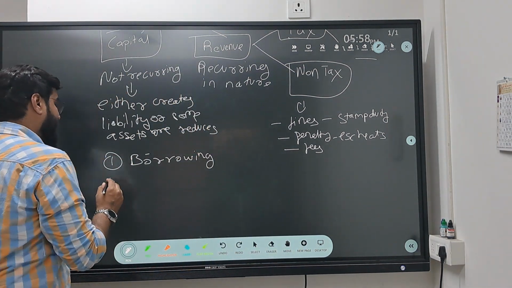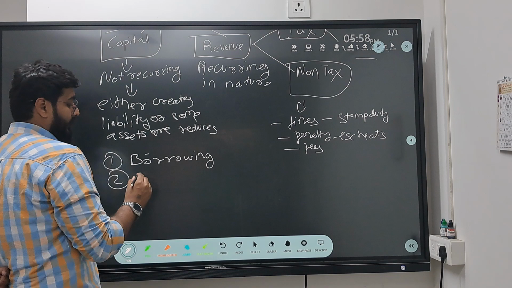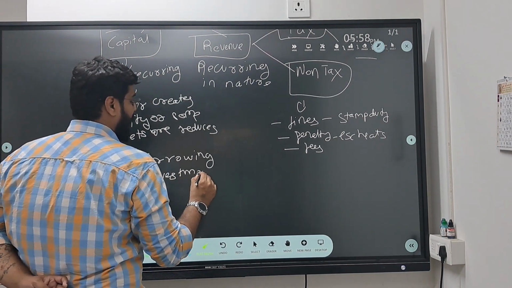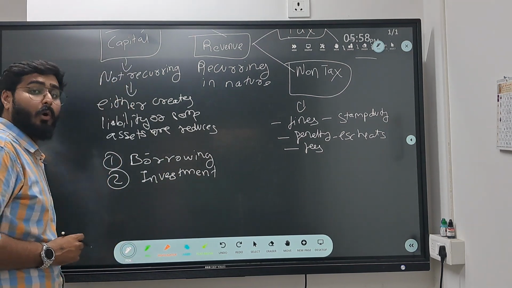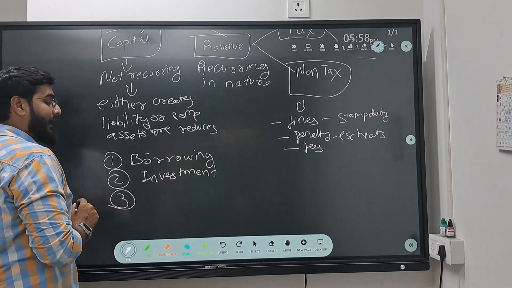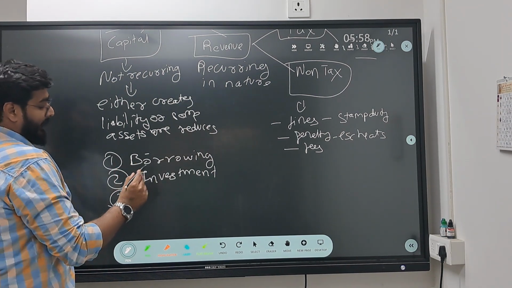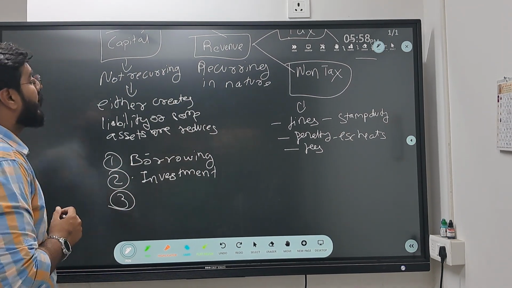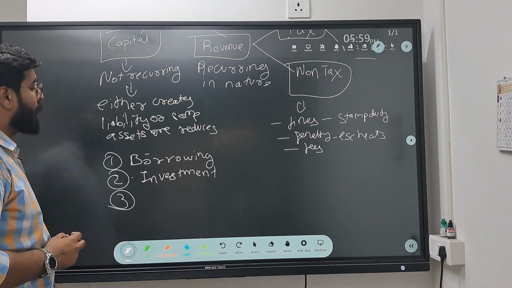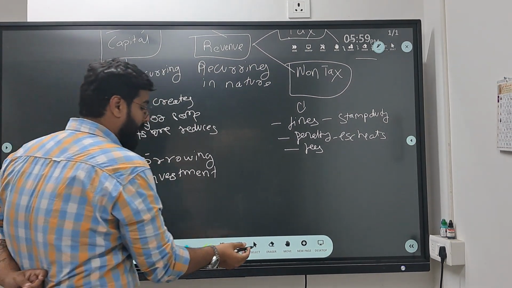It can also be some investment done by a foreign government or any foreign private enterprises. It can be borrowings, it can be investment. So these are the capital receipts. I hope we understood capital receipts.